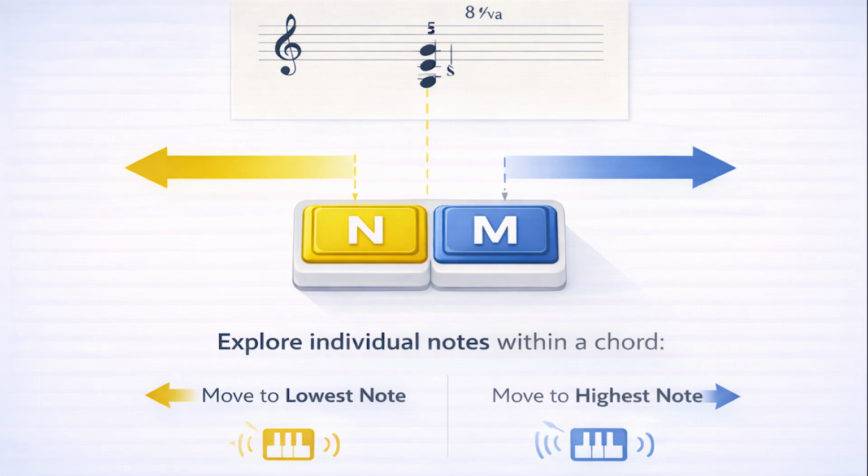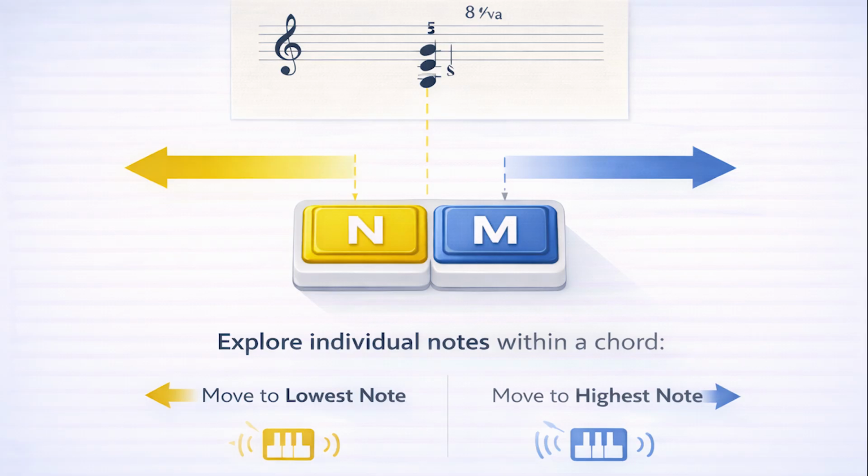At this point, we look at a very useful function for analyzing chords more precisely. When you are on a chord, it is often not enough to listen to it as a whole. It can be useful to explore the individual notes in order to understand its structure, the intervals, and the pitches that make it up. To do this, the N and M keys are used. Pressing M moves the cursor to the highest note of the chord, and the pitch is played via MIDI.